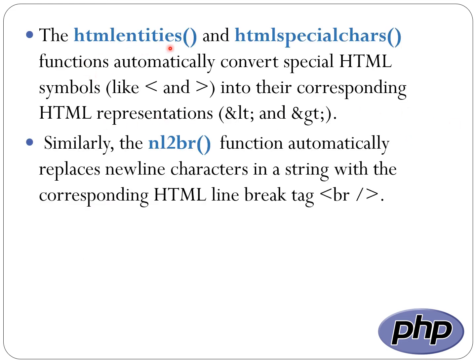Here come htmlentities and htmlspecialchars. These two functions automatically convert special HTML symbols like the opening and closing angle brackets into their corresponding HTML representation, like &lt; and &gt;. Then we have one more function, nl2br.